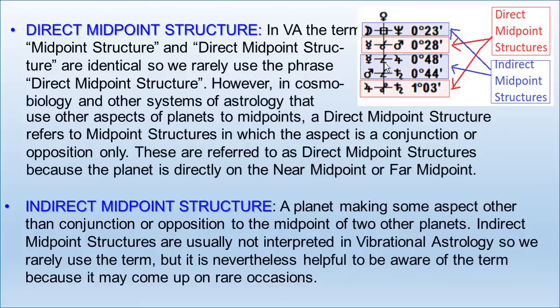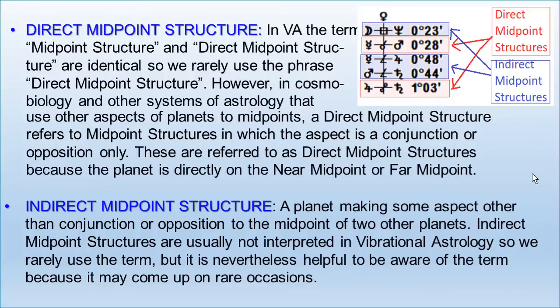We call it 8 vibration, and it turns into a conjunction in the 8 vibration chart. And so you will see these other aspects in vibrational charts. But the big difference is that we end up using smaller orbs than are used in, for example, cosmobiology for these other aspects. Okay, let me summarize.